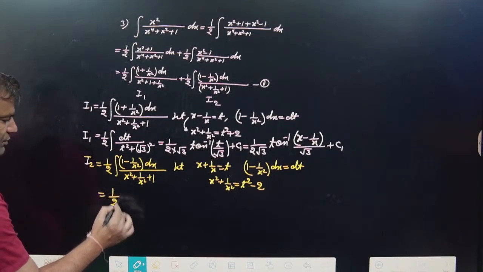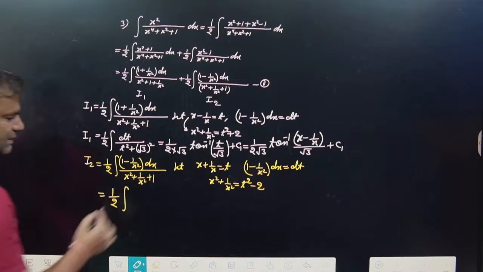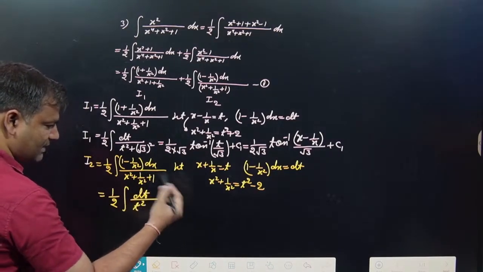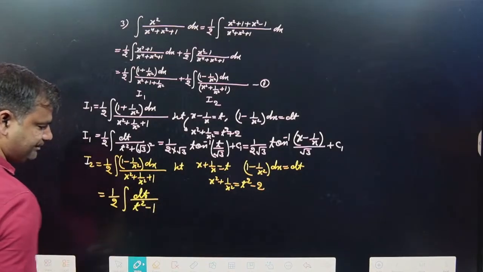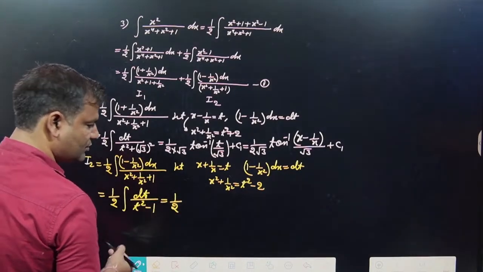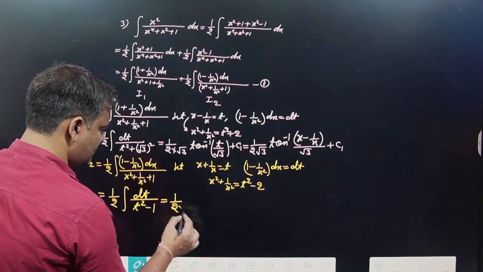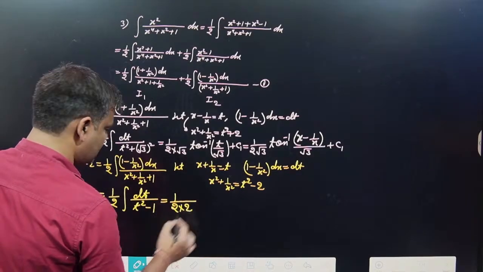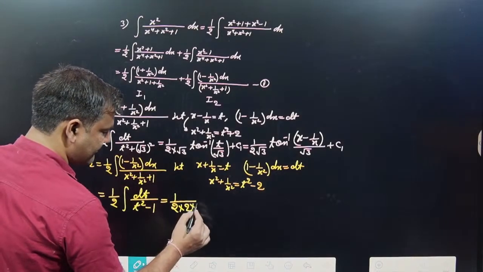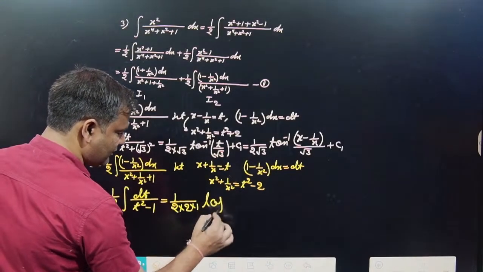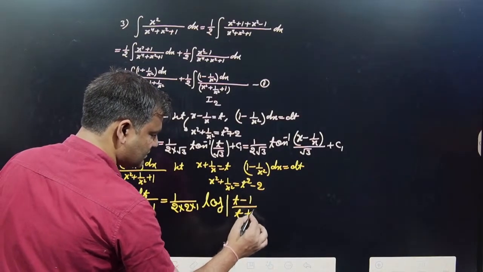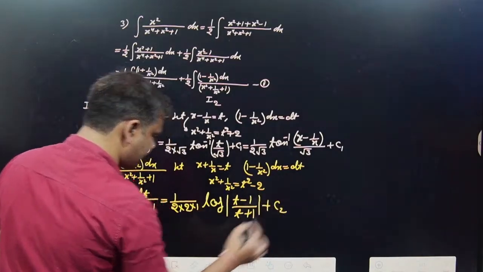1 by 2 into integration of dt divided by t square minus 2 plus 1, that is minus 1. Or you can say 2 into a, so 1 by 2 into 1 by 2a, so 1 by 4 into log of modulus of t minus 1 upon t plus 1 plus c2.